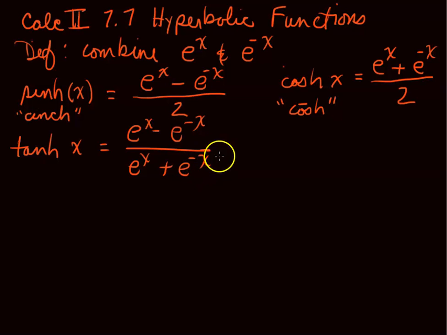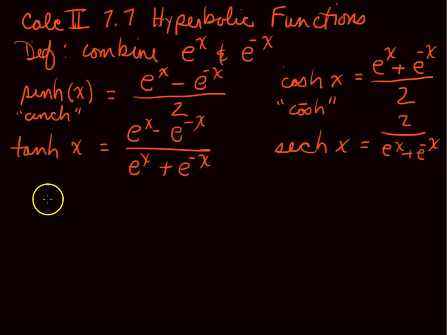The sech, now some of them call this sech, some call it sech, but I'll probably call it sech. That's what I'm used to. This is just the reciprocal of the cosh. 2 over e to the x plus e to the negative x. The coth, or coth, depending upon where you're from, of x is the reciprocal of the tanh.